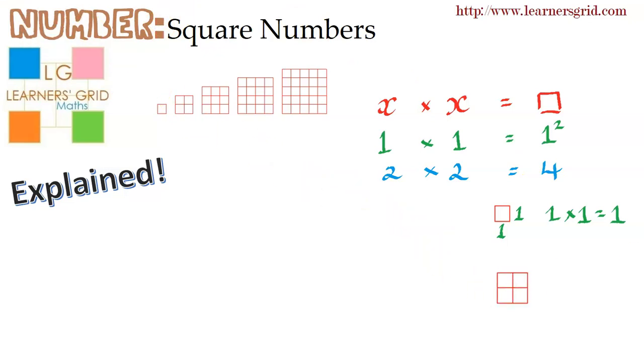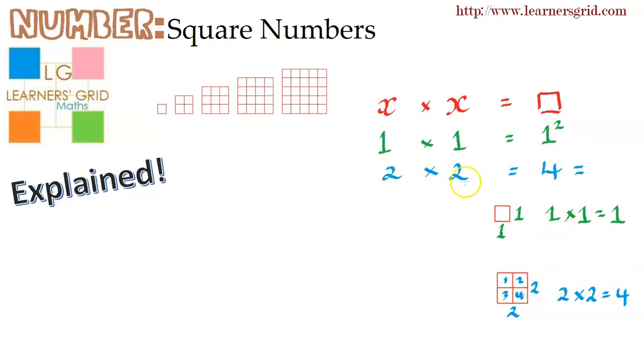Okay, so here I go again. What I'm saying is I've got 2 squares along the width and 2 squares on the height. And 2 multiplied by 2 is 4. And as you'll see, there's 1, 2, 3, 4 squares. So 4 happens to be a square number.